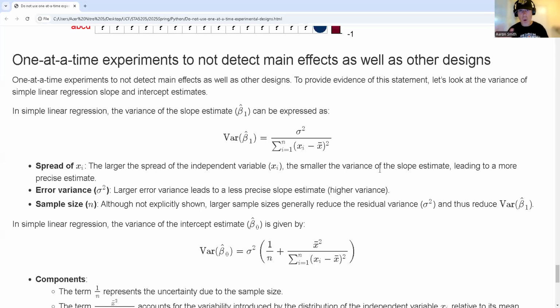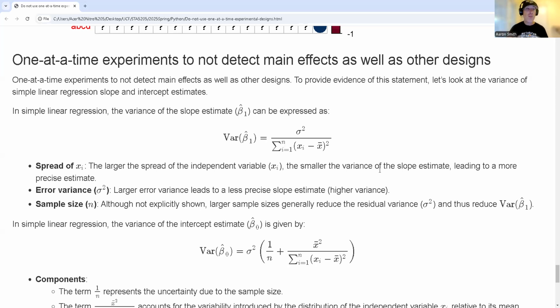And so I want to debunk this. It's a very common mistake, easy to believe, but I'm going to show you we can do better. The other arguments I've given you show that we can do better with other experimental designs, but I want to go a little bit further and debunk the claim that we'll get a better estimate of main effects. One-at-a-time experiments do not detect main effects as well as other designs.